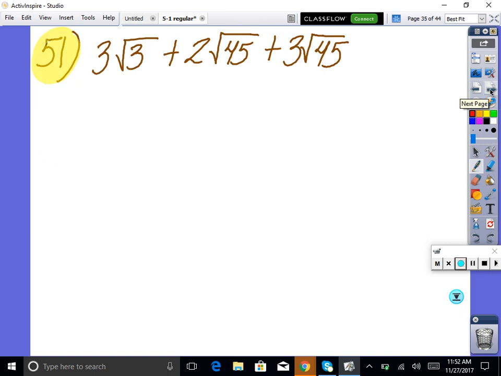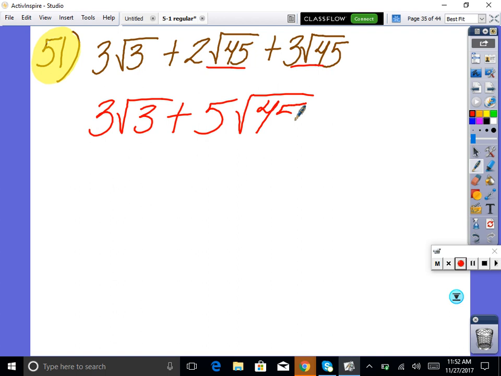Go to 51. Now look, right here, notice we have 2 root 45, so they're like. So we have 3 root 3 plus how many root 45s? 5 root 45s. Now you cannot stop there. You've got to check to see if your radicals simplify. Well, it looks like 45 does. 9 times 5, 3 times 3, pulling out groups of 2.